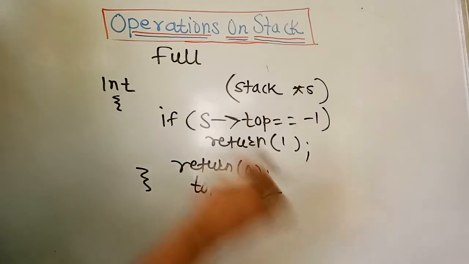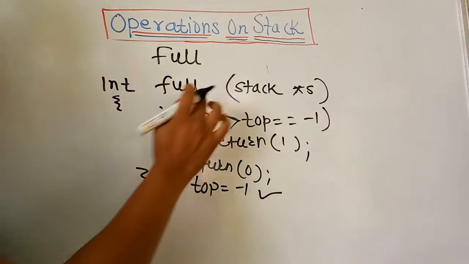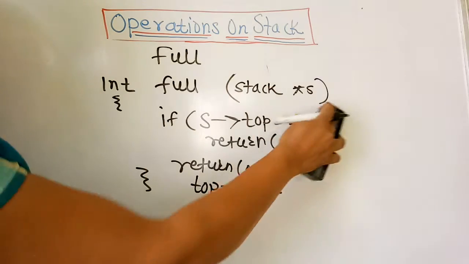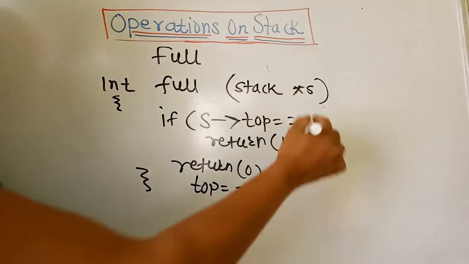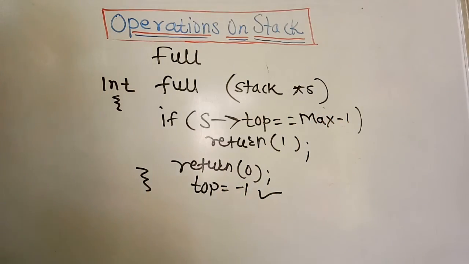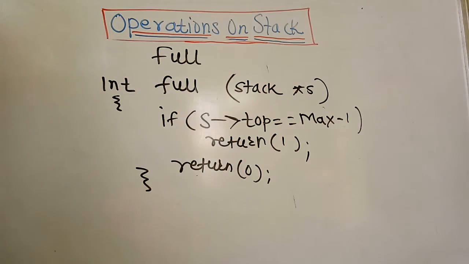Here we will simply change the function name to integer full, stack star s. We are checking if stack pointer top is equal to max minus 1. If it is true, it will return 1, and when it is false, it will return 0.